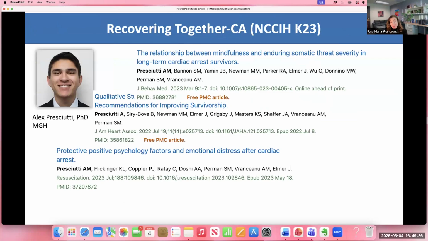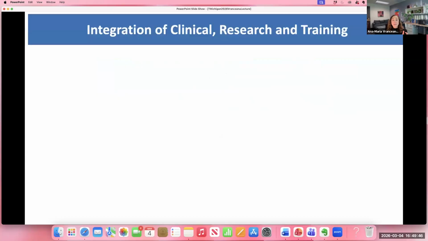Alex also has a K23 where he is adapting Recovering Together for cardiac arrest dyads. So similar, but also a little bit different.